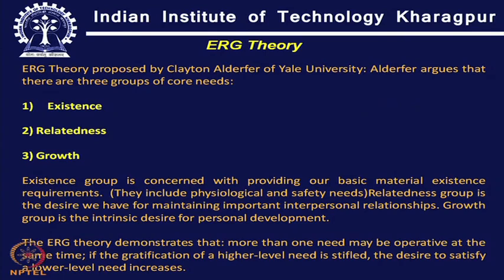ERG theory is proposed by Clayton Alderfer, which states that there are three groups of core needs: existence, relatedness, and growth. The existence group is concerned with providing basic material existence requirements, meaning the things required for existence, that is physiological needs and safety needs.